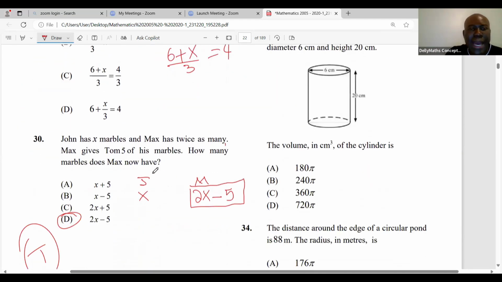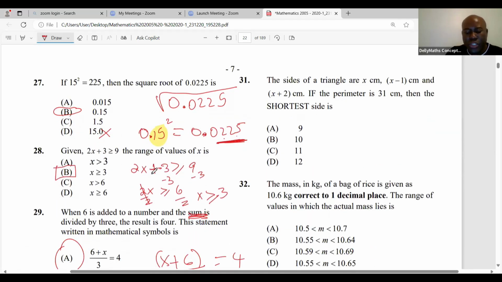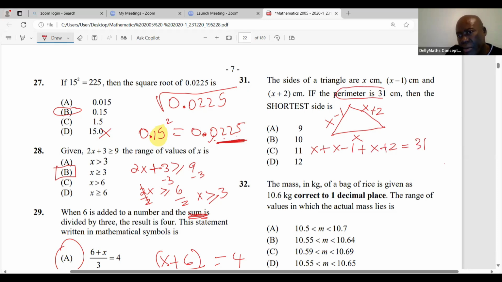Let us take a look at 31, I believe. So 31 says the sides of a triangle are x, x minus 1 and x plus 2. If the perimeter is 31, then the shortest side is what? So let us drop a diagram. Here's the idea. x plus x minus 1 plus x plus 2 adds to give 31, based on the fact that the perimeter is 31.